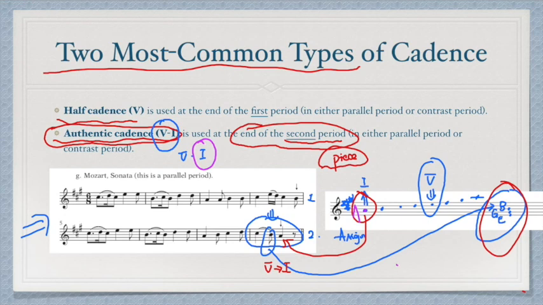So let's write it down. An authentic cadence is dominant to tonic. For the dominant, you can choose any of the three notes in the dominant harmony, and this tonic is just the tonic note rather than the tonic chord.